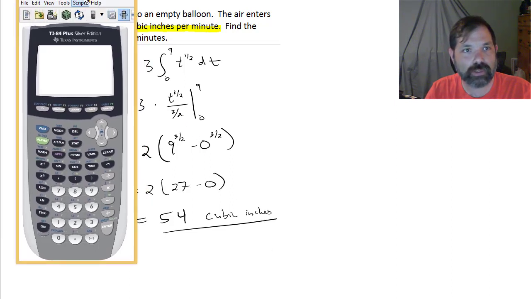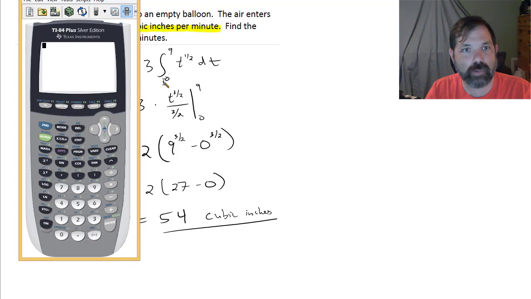So let me just evaluate the integral from 0 to 9 of t to the 1/2 dt. If you go to the math menu, the 9th option says FNINT. This is a numerical integration.